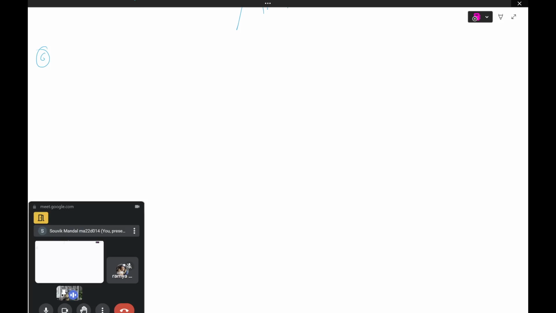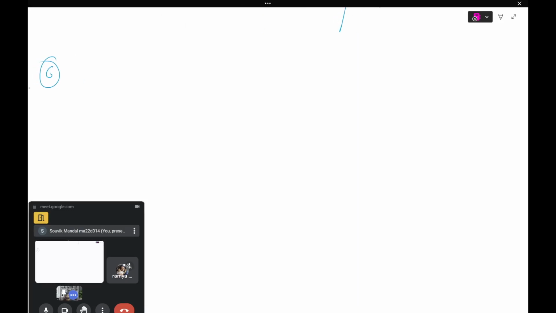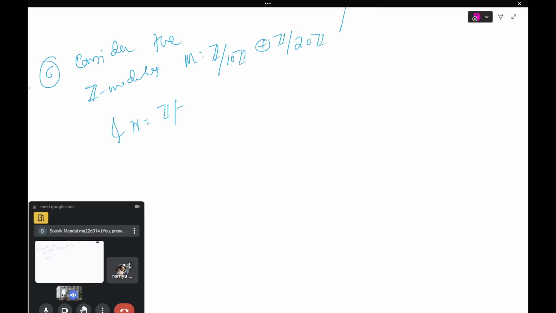Now consider the Z-modules M equal to Z by 10Z plus Z by 20Z, then N is equal to Z by 30Z.